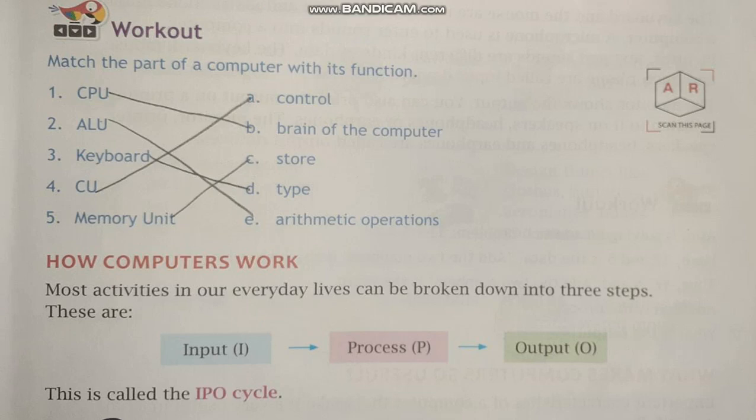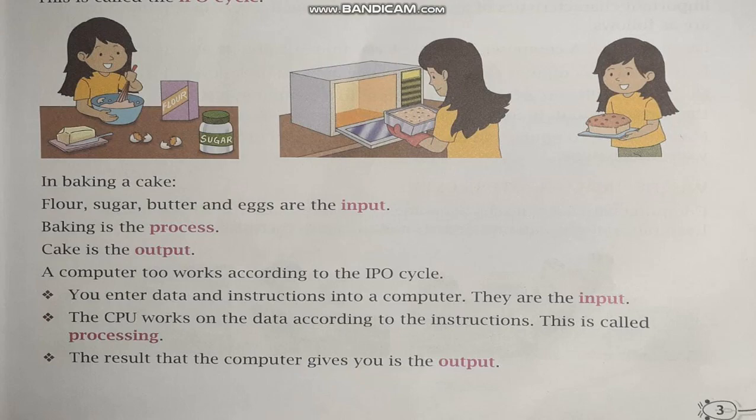Then, how a computer works. Most activities in our everyday lives can be broken down into three steps: input, process and output. It is called the IPO cycle. So let's learn the IPO cycle.